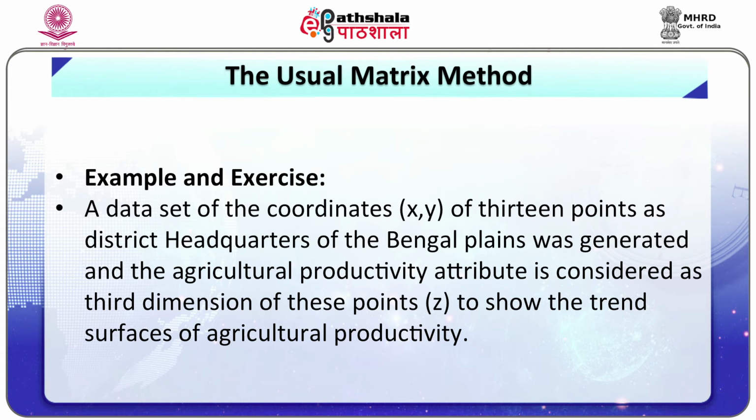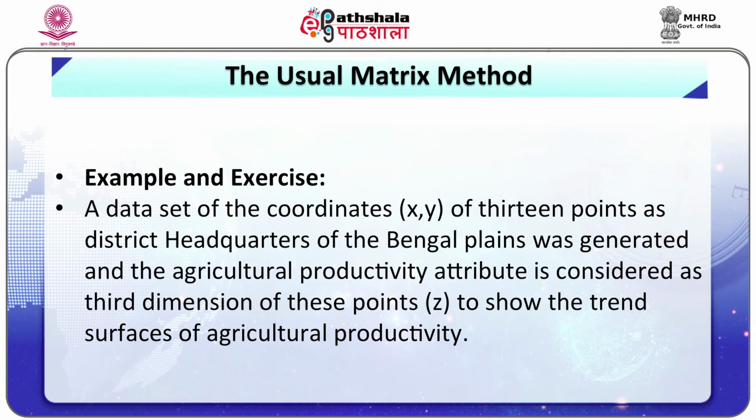Now, example and exercise. A set of the coordinates x, y of 13 points as district headquarters of the Bengal plains was generated, and the agricultural productivity attribute is considered as third dimension of these points to show the trend surfaces of agricultural productivity.